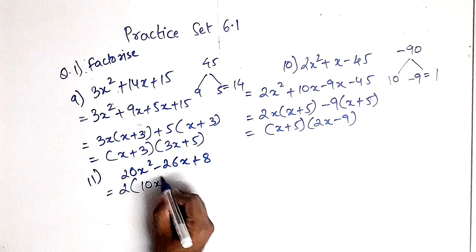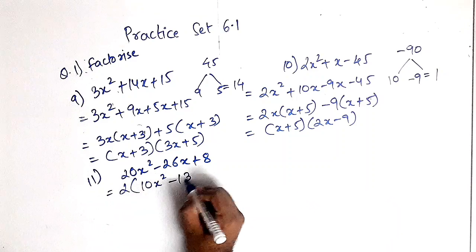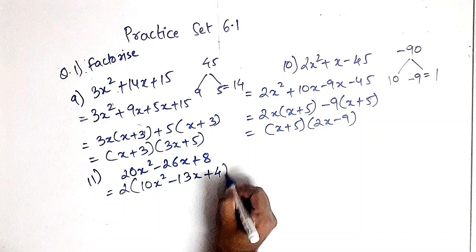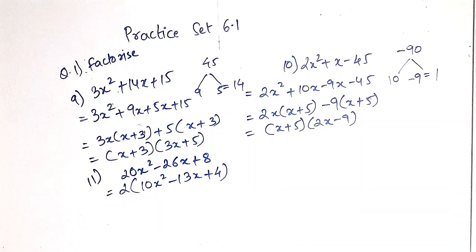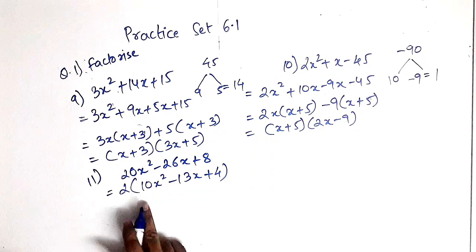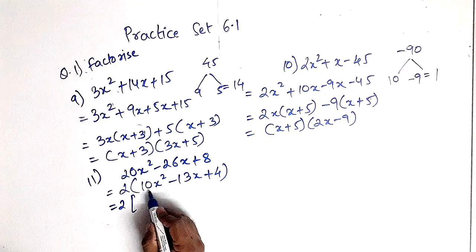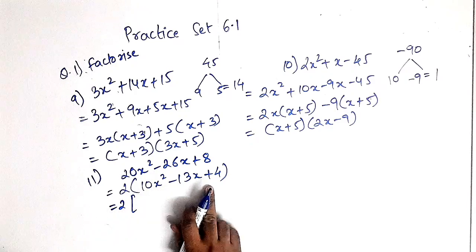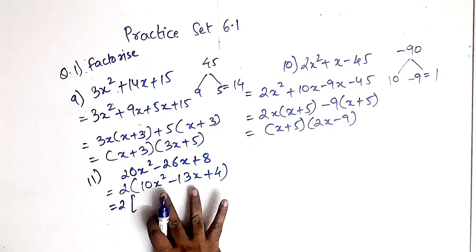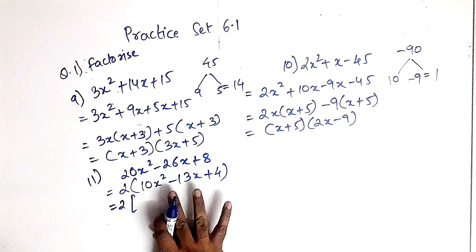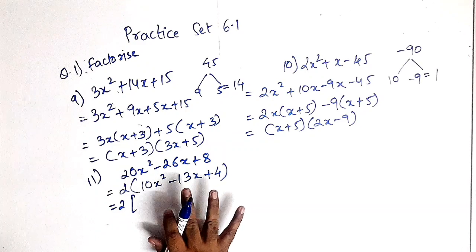I'll write 10x square minus 13x plus 4. Now I'm just keeping 2 aside, and this I'm taking as the term where we have to split the middle term.